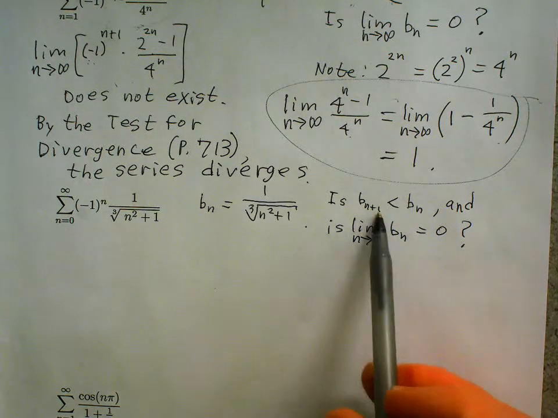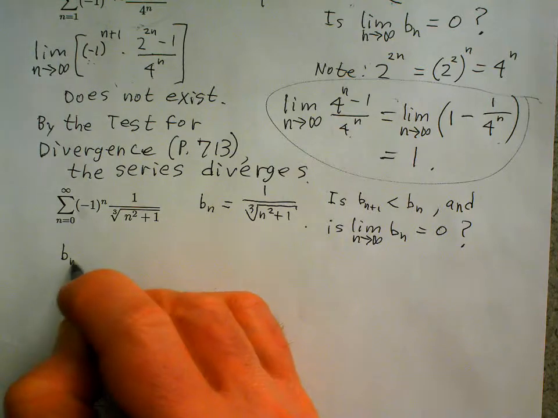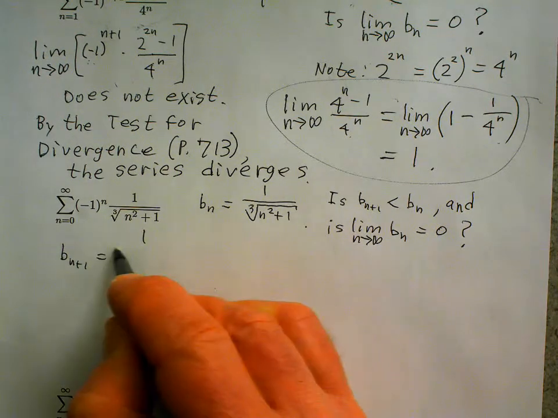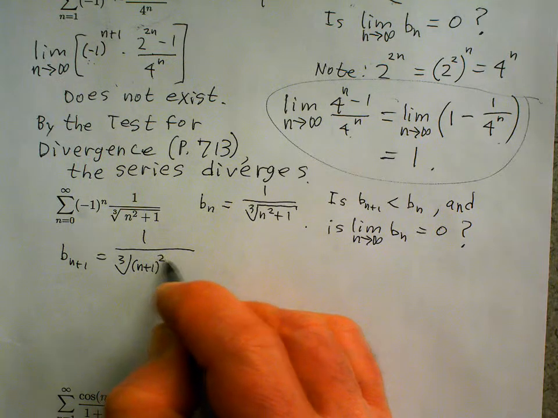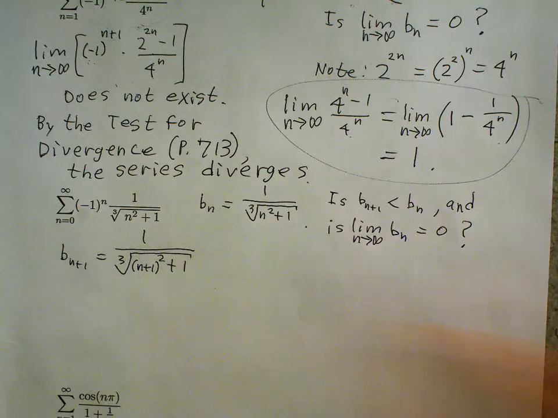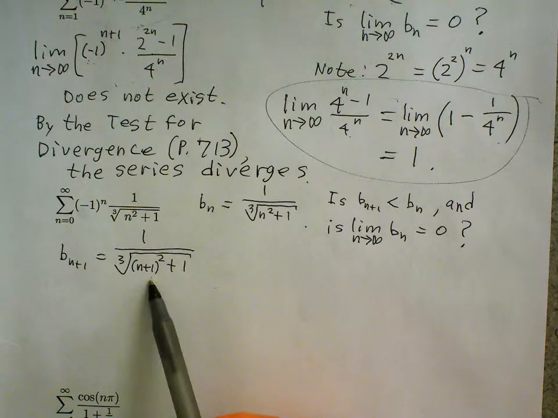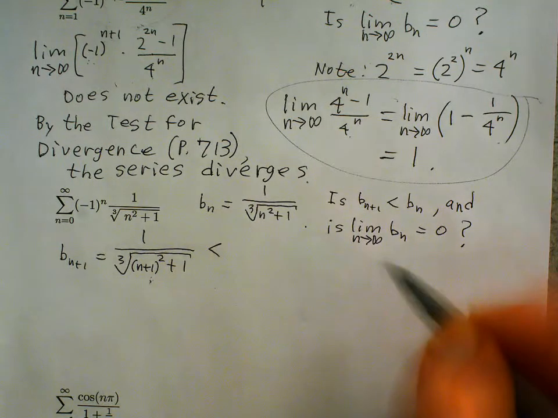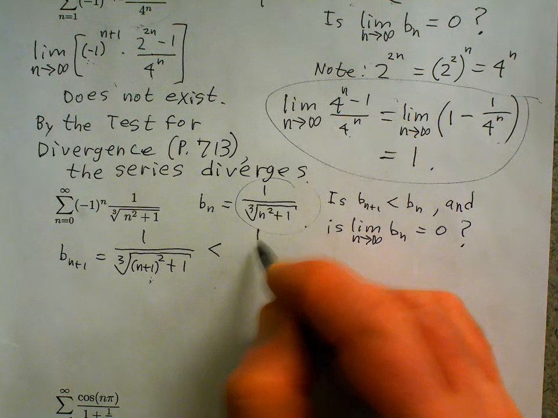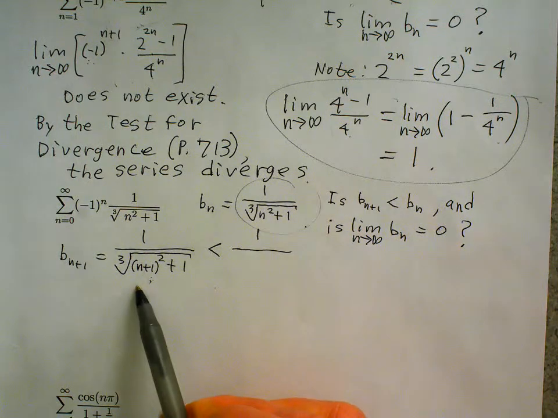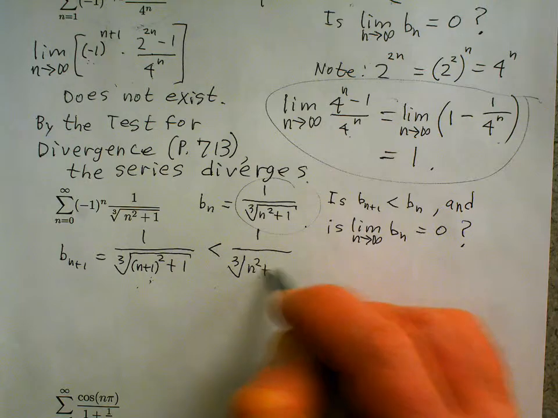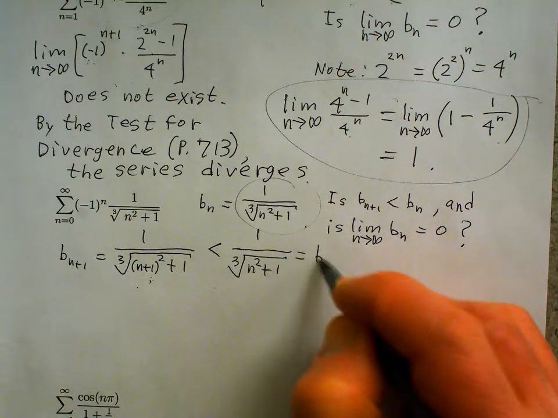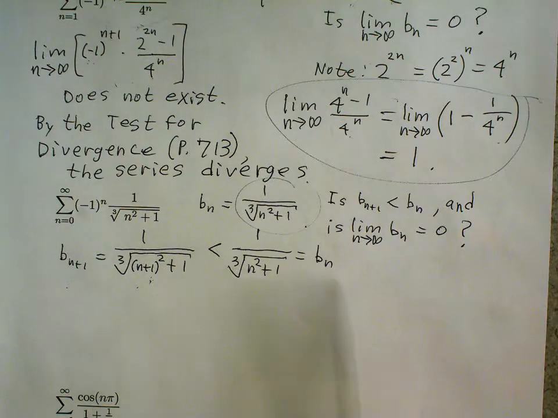This one isn't too hard. Notice that b sub n plus 1 is 1 over the cubed root of the quantity n plus 1 squared plus 1. This denominator is bigger than that one, so that means the number is smaller. Okay, so b sub n plus 1 is less than b sub n.